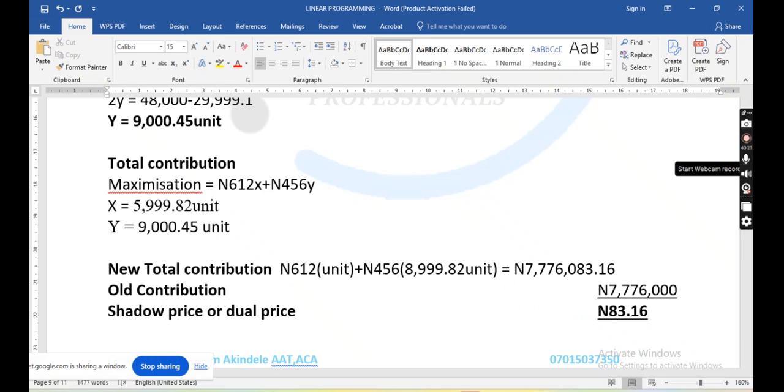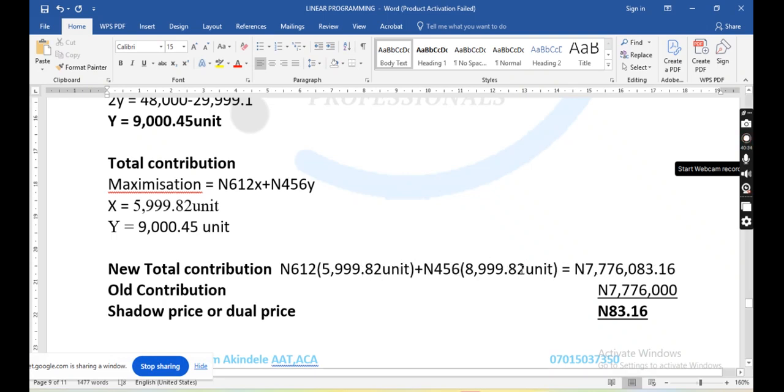Please master this. X is 5,999.82, then this is 9,000.45. Class, what do you have?